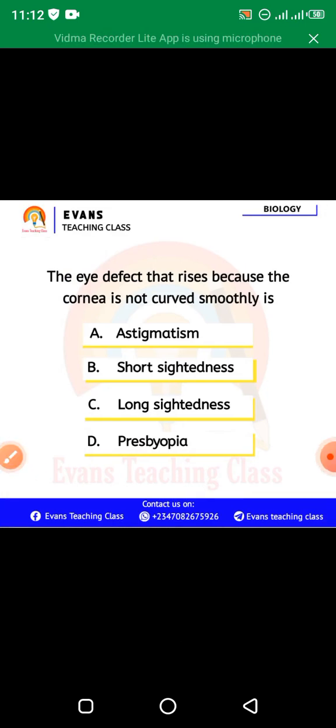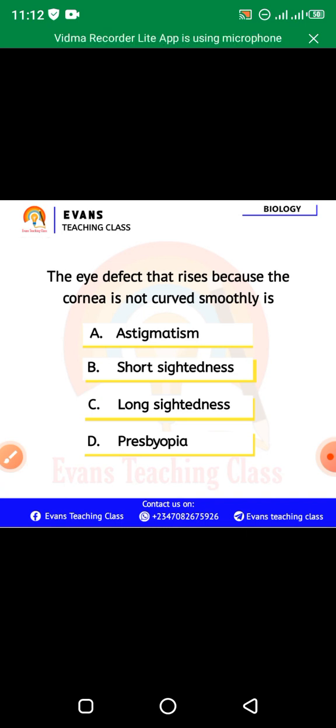The eye defect that arises because the cornea is not curved smoothly is dash. A. Astigmatism, B. Short-sightedness, C. Long-sightedness, D. Presbyopia. Let's start from the bottom. Presbyopia is the condition whereby the ciliary muscle can no longer contract or relax.